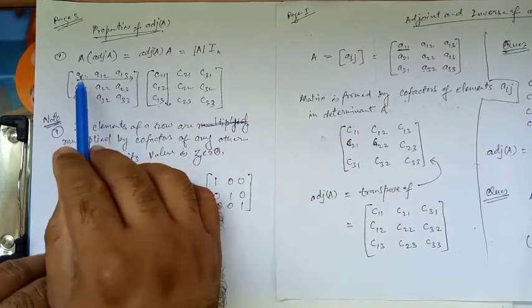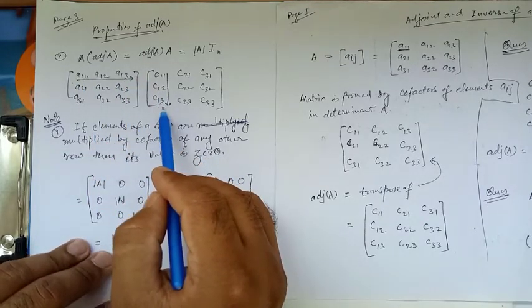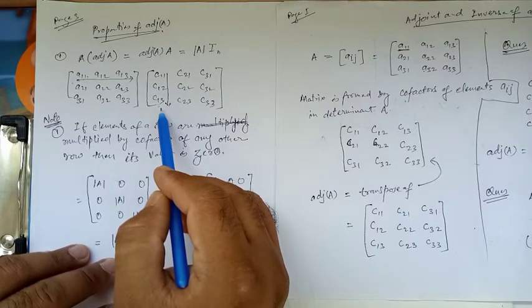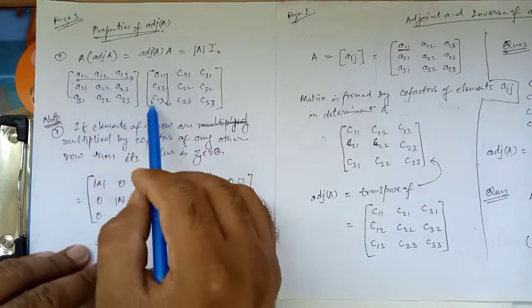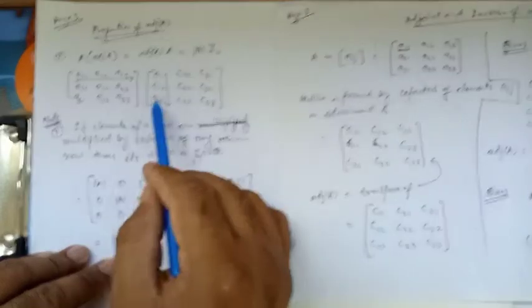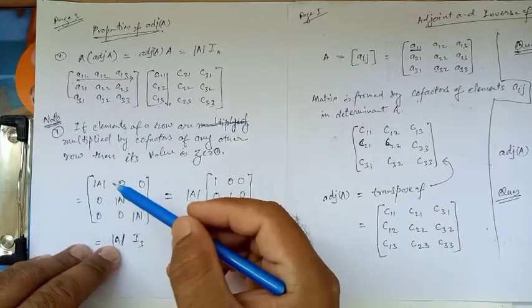determinant A. We have studied very well in the chapter determinant that if we consider a particular row or column, say the first row, then all elements with corresponding cofactors, and the sum of these, will give you the value of the determinant. We have seen this.